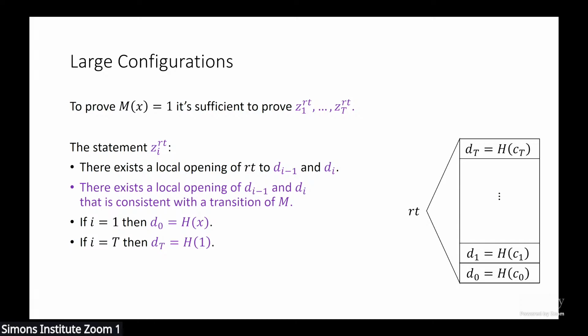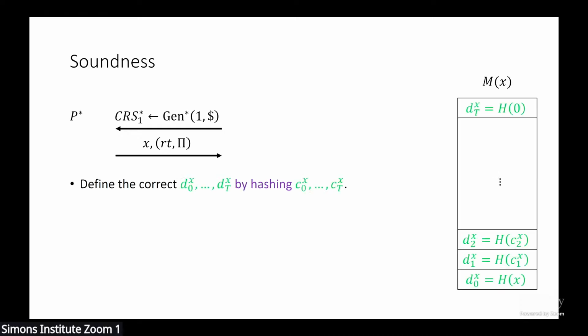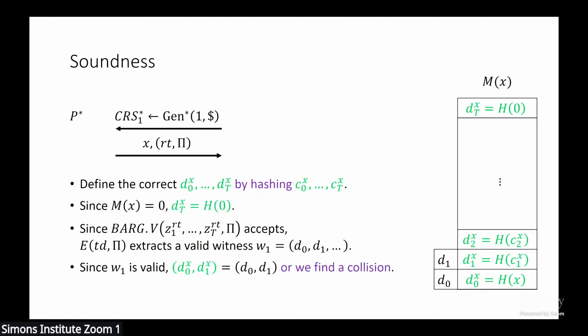Just to see how this change affects the soundness proof, I'm going to focus on the first index and ignore the second CRS altogether. This is just to give you a flavor of what's going to change. Instead of computing the correct configurations alone, we still compute the correct configurations, and then using them, we compute the correct roots of the configurations. From there on, everything is the same.